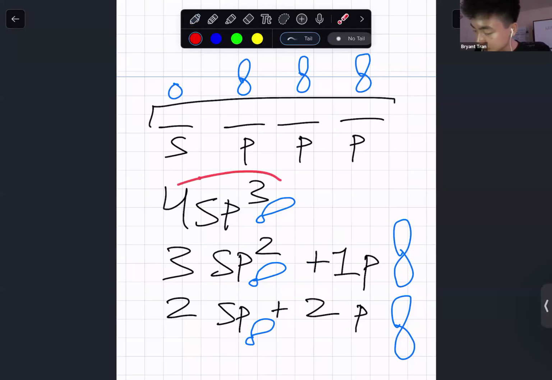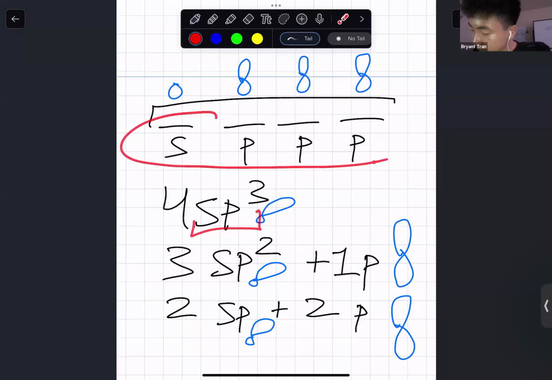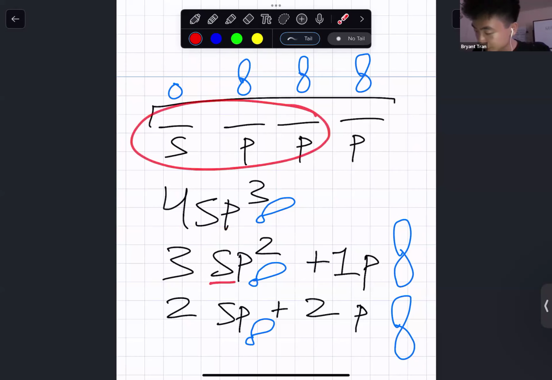So if you have an sp3 hybridized atom, to get that sp3 hybridized atom, you have to combine all of these orbitals together, which is 4 in total, right? 1, 2, 3, 4. That's why you have 4 sp3. sp2 combines 3. 1, 2, 3. That's why you have 3 sp2 plus 1 unhybridized p orbital right there.